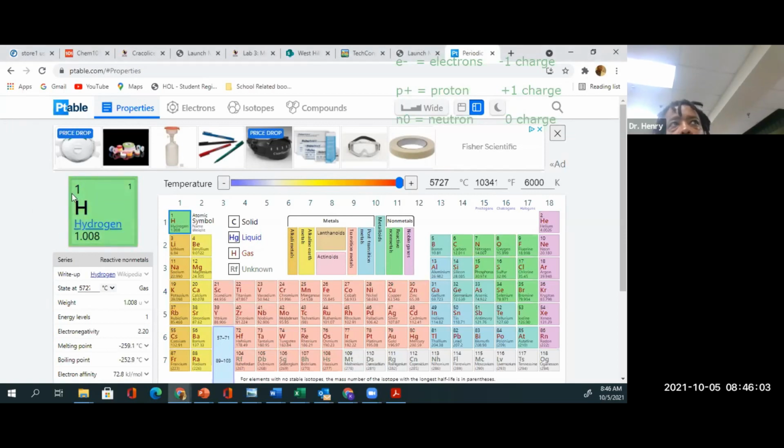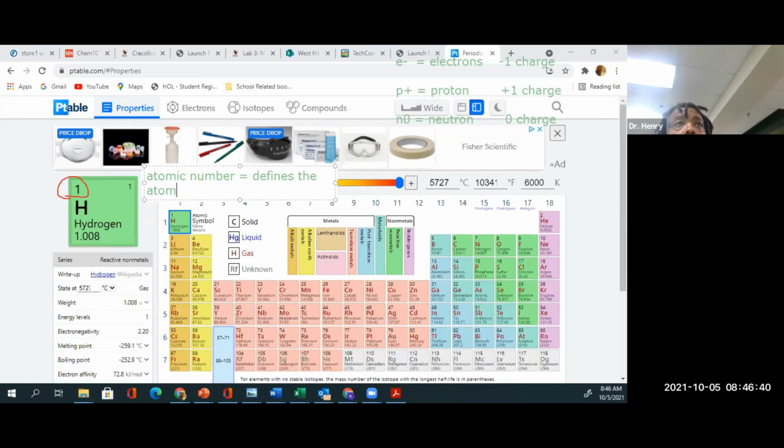Okay, so this number here at the very top, I'm going to circle it in red. This number here is called the atomic number. Okay, so the atomic number defines the element or the atom.